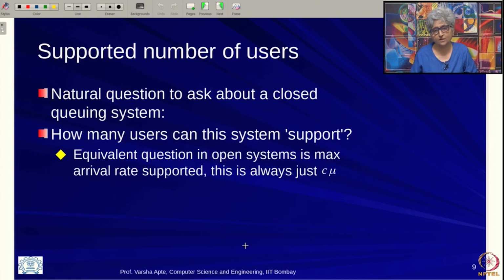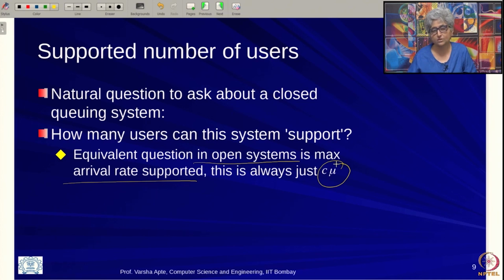There is another interesting metric when we are talking about closed queuing systems. Whenever we are talking about any server system, the basic question in the mind of people designing that system is what can it support. Okay. When we are talking about open queuing systems, that question was basically what is the maximum arrival rate supported by this system, and that was nothing but C mu, right.